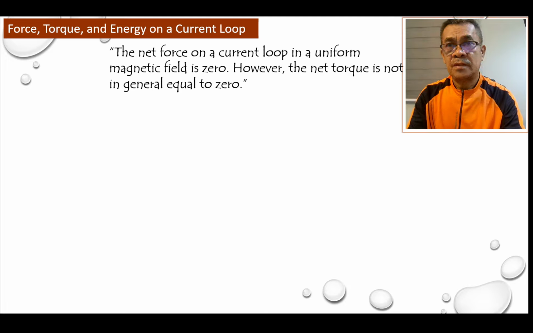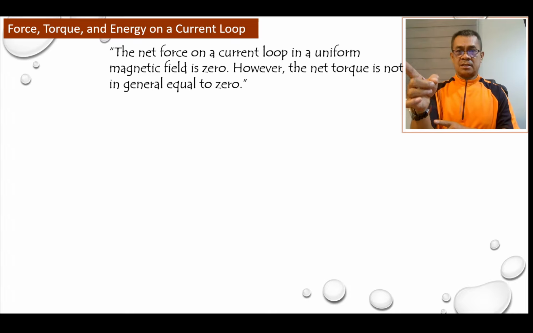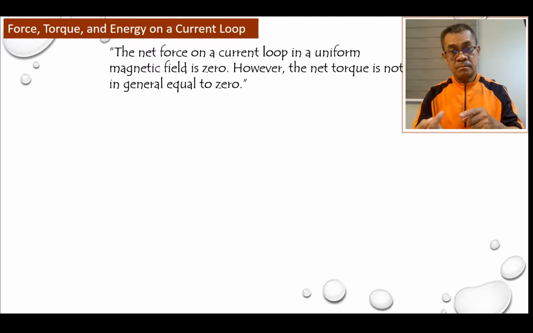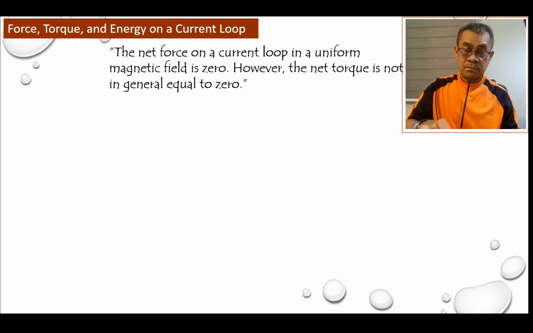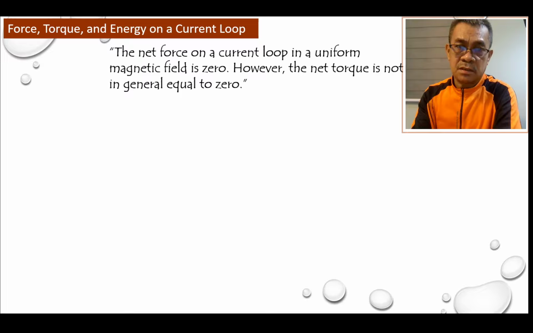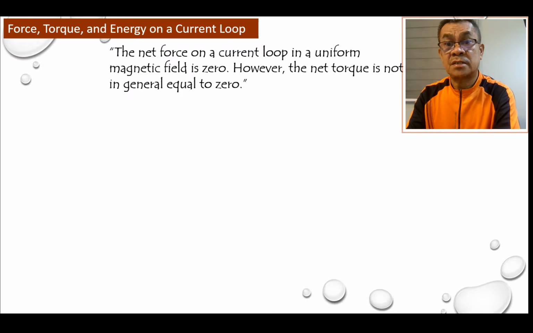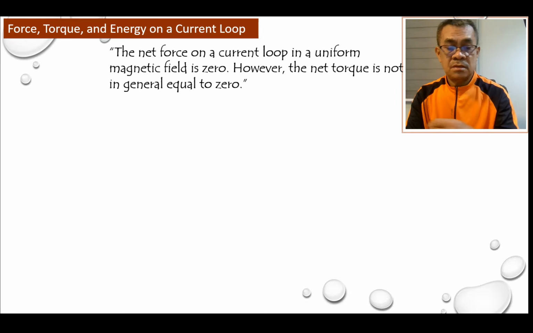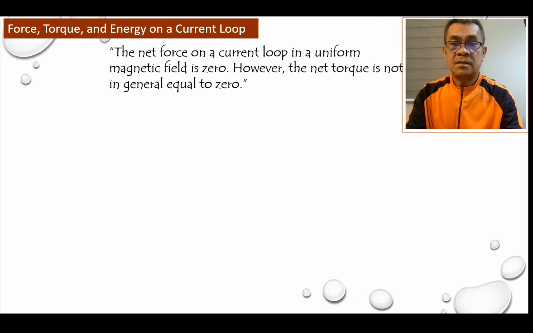So if we let a straight conductor form a loop, then it provides torque, meaning it rotates about a certain axis. So the question is, why is it that the net force is equal to zero?